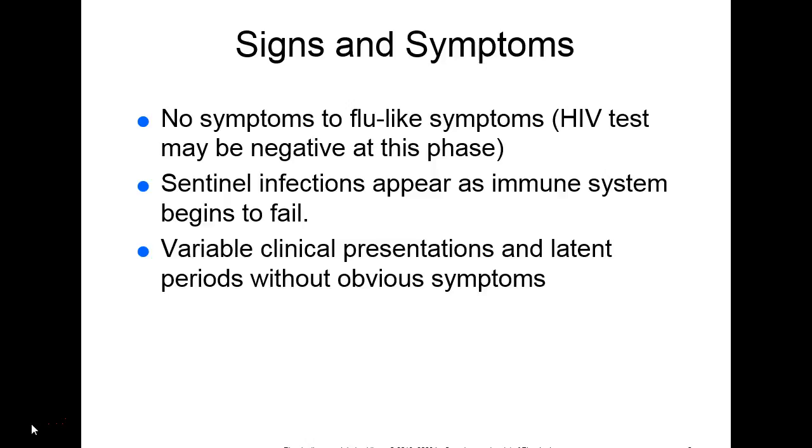As the immune system begins to fail, you'll notice that there are sentinel infections that occur, such as thrush or bacterial infections or fungal infections. The pathogen is normally available on the person, but because the immune system starts to fail, the patient starts developing infections from these normal flora that are on the skin, etc.